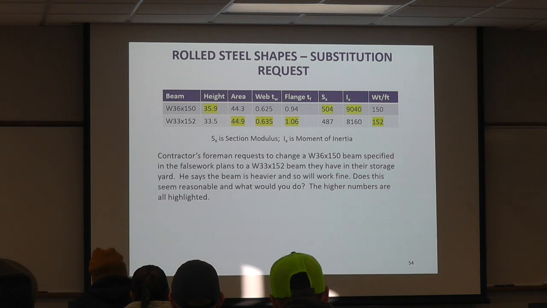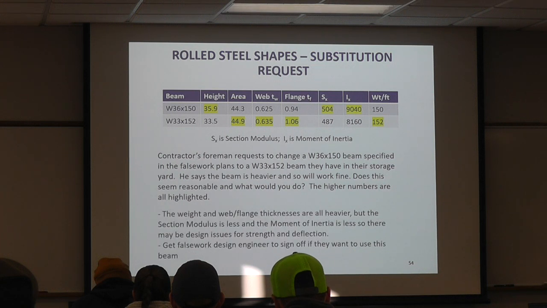The strength, I was way over. I didn't need that much bending strength. So those are all things. The weight and flange thicknesses are all heavier, but the section modulus is less, moment of inertia is less. And so get the falsework designer to sign off if they want to use that.